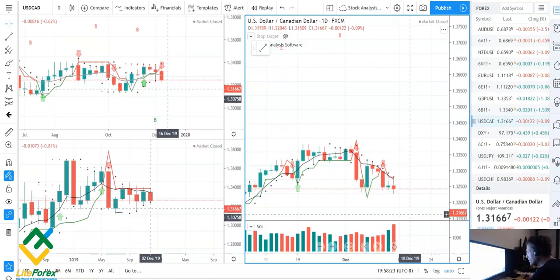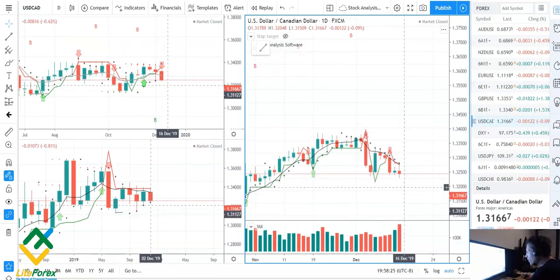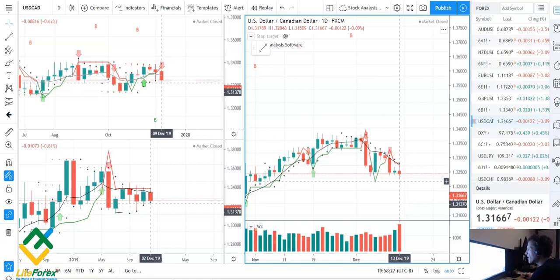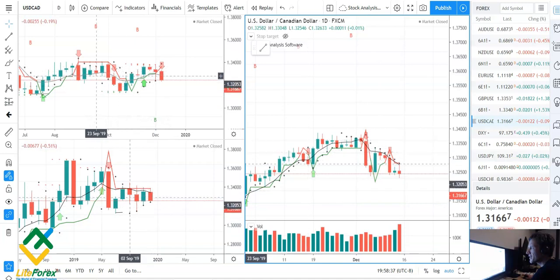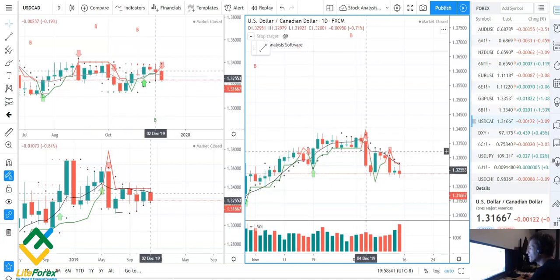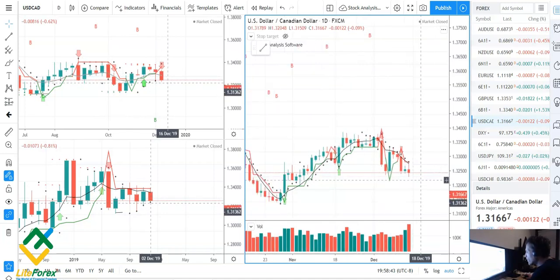USDCAD is definitely setting up more bearish. The low today, 1.31509. It's really setting up bearish on the weekly chart, but it's still quite rangy.